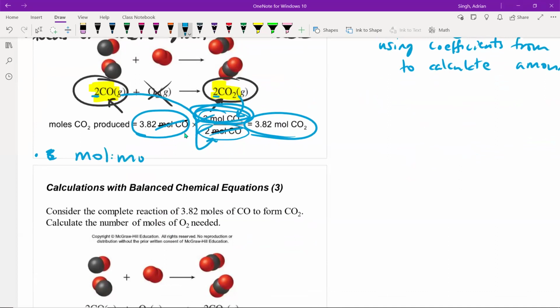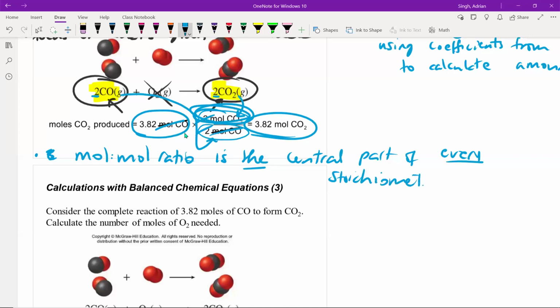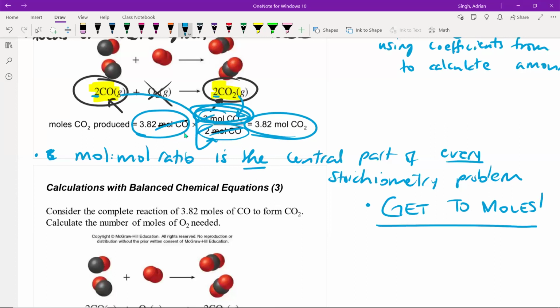The mole to mole ratio is the central part of every stoichiometry problem, which then suggests, in order to do stoichiometry, your slogan, or your mantra as you go through stoichiometry, is that what you need to do is get to moles, because only once you have the moles of something can you use the mole to mole ratio from the equation to convert it to moles of something else.